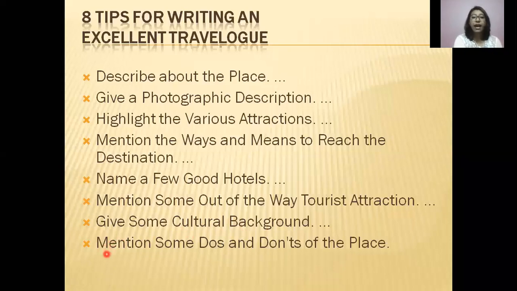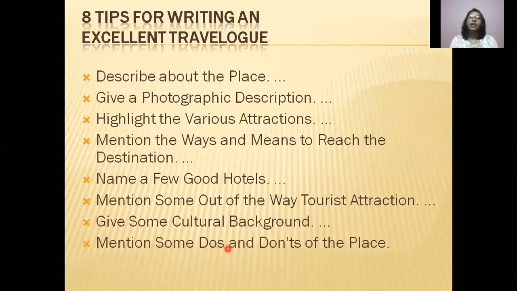And the last thing I have here is mention some do's and don'ts of the place. It means what a person should do in a place. Suppose, before I talked about Pokhara, and if a person goes to Pokhara and misses out boating in Fewa Lake, then how might that person feel afterwards when he comes back?